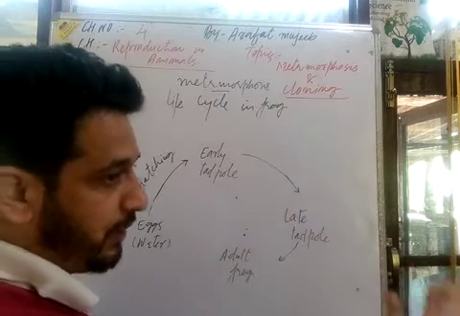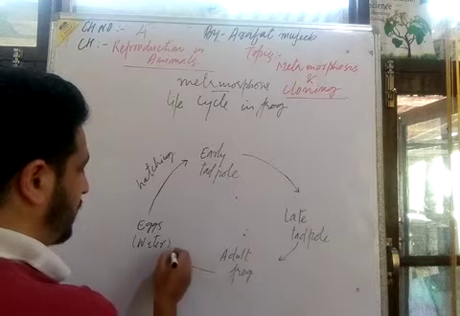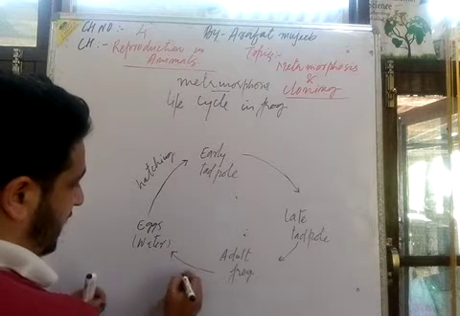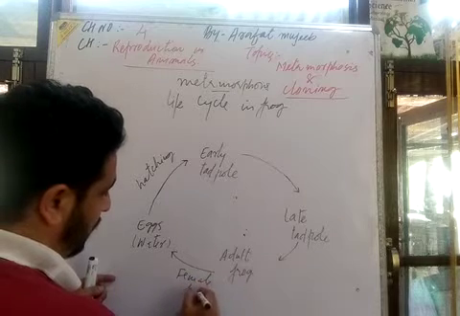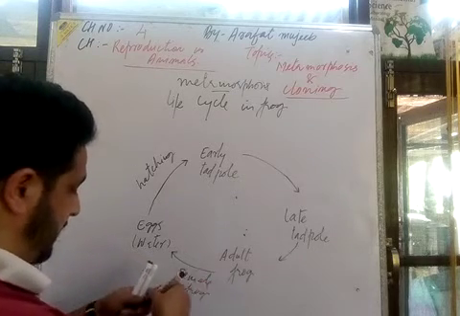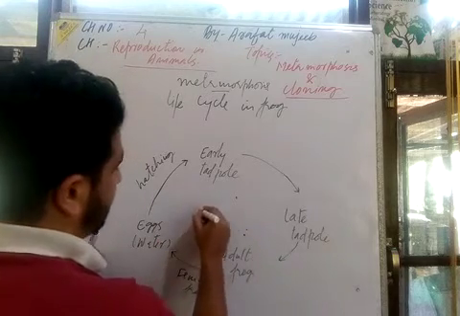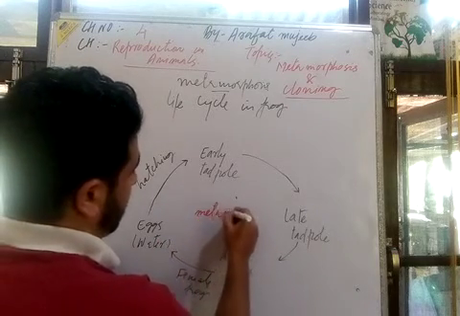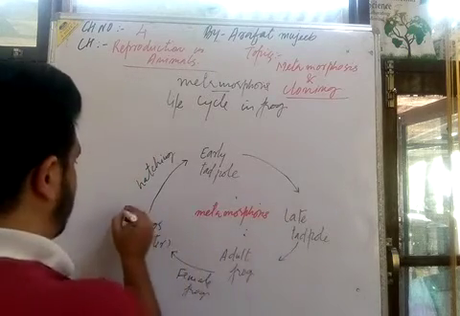When there is mating, the female frog lays eggs. So this is the life cycle of the frog, and in this life cycle there is the concept of metamorphosis. What type of change? Here is the number of eggs.